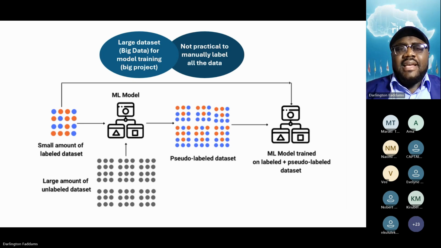Now, it is not practical to manually label all the data. I think we have established this fact. Most of the large AI models you know today, if you do the research, watch documentaries, you will realize the millions of people who have worked on it in the past when they didn't even know what they were doing.